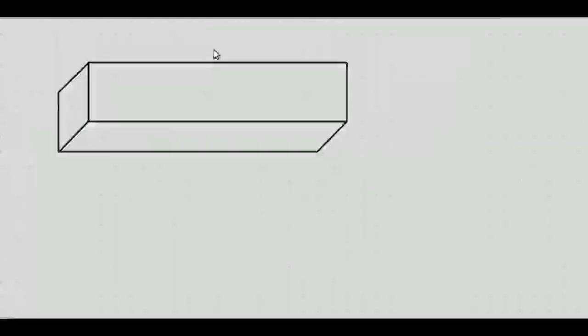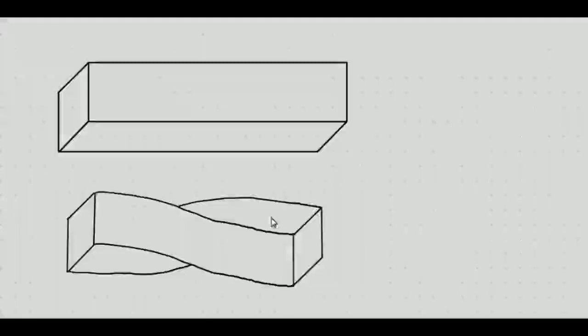If we apply a torque on a bar having rectangular cross section, as shown in the figure, and prevent this face from twisting, we will get a shape like this. So this face is prevented from twisting, and this is twisted to get this shape. But in addition to this twisting, we can also note that the rectangular faces will no longer be plane.